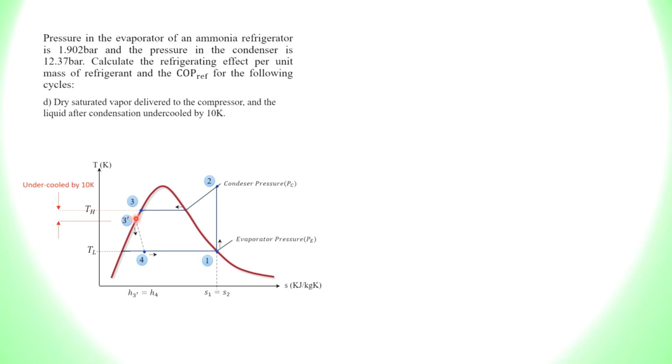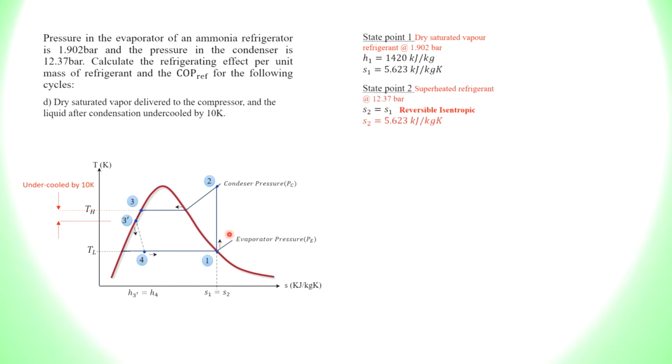Same thing as what we have done: state point 1, dry saturated. We just take whatever we have from the previous slide, 1420 and 5.623, dry saturated at 1.902 bar. Then state point 2, which is superheated at 12.37 bar.